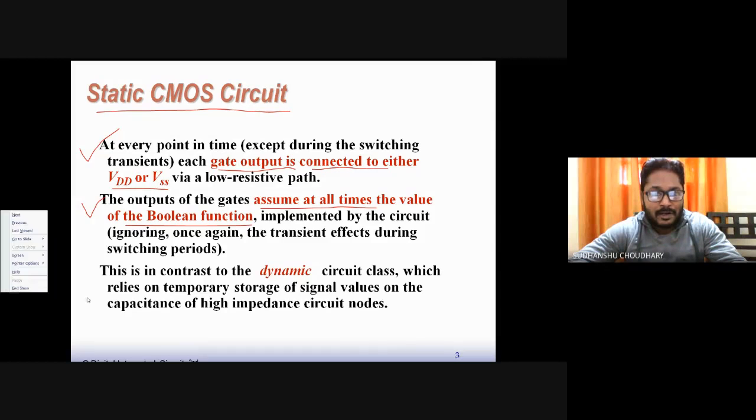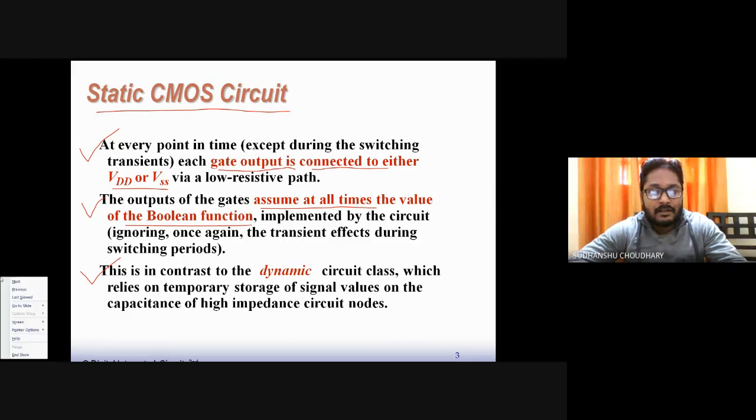Now this is in contrast to the dynamic circuit class. In the dynamic circuit class, the output is temporarily stored on some capacitance. Here the output is always connected to either VDD or ground, but in dynamic circuits the temporary output is stored on some capacitor at the output.